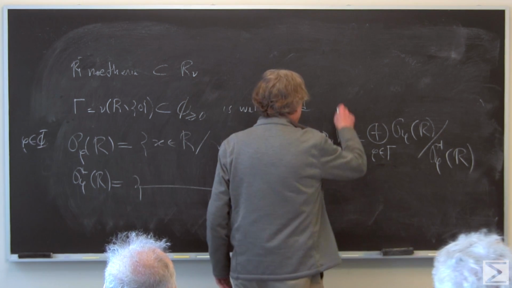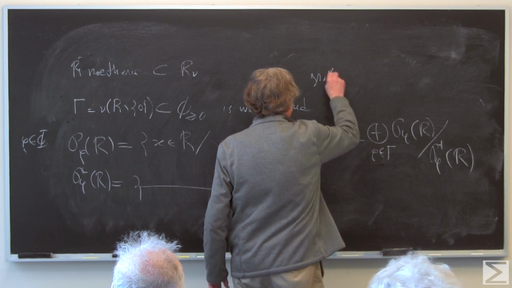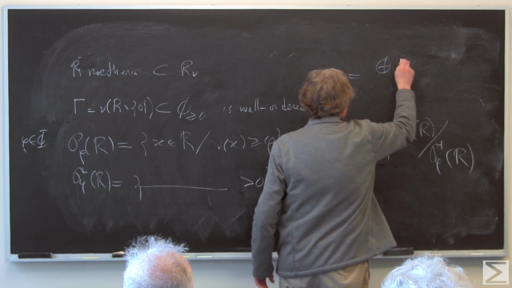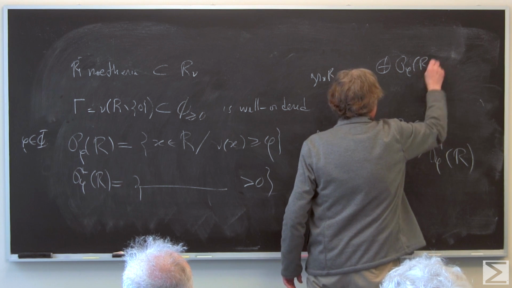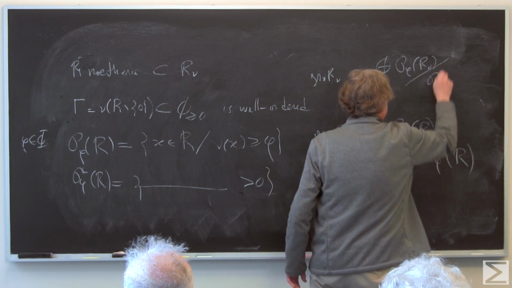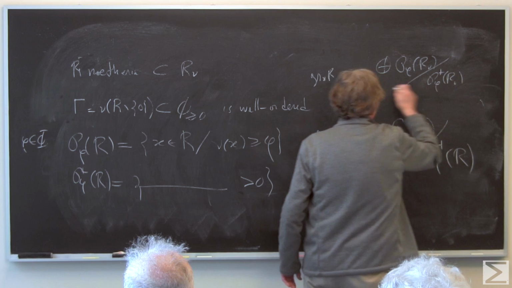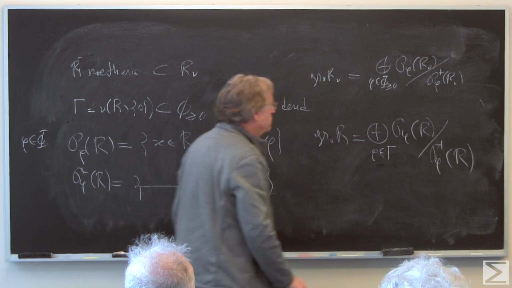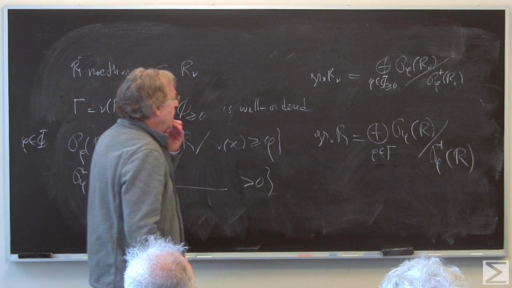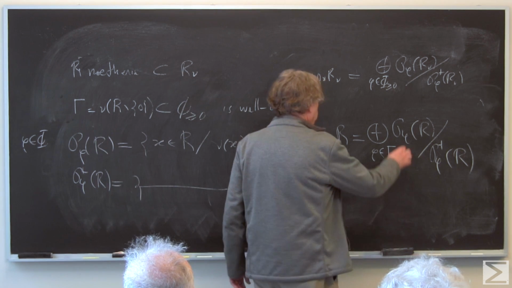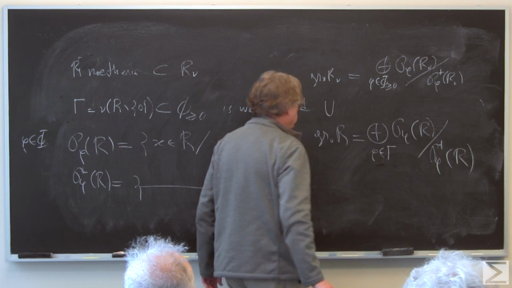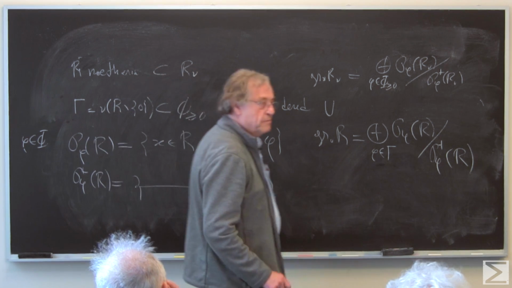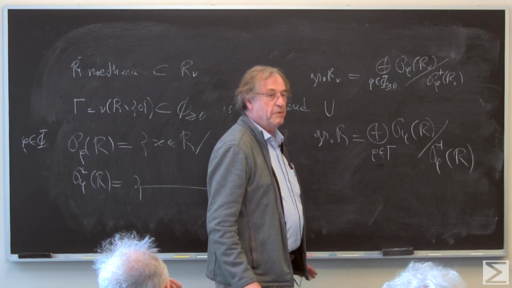If I do the same thing for gr nu, R nu, everything I said makes sense. And now all the positive values are attained, by definition. By construction, this algebra is a subalgebra of that algebra. And now here comes the miracle. So be prepared.